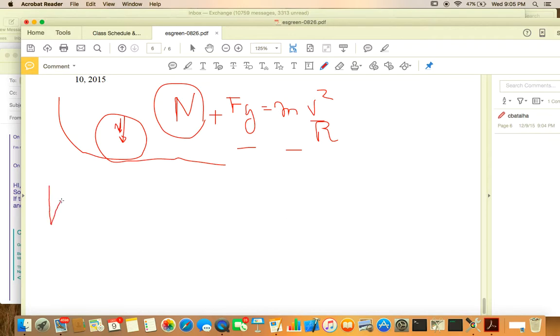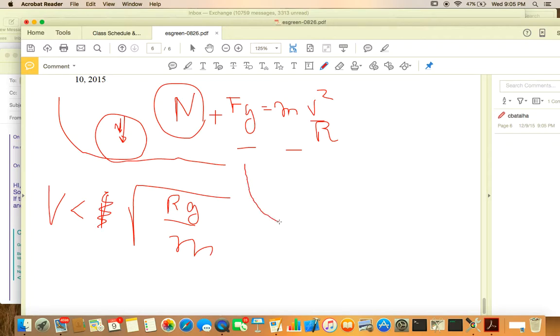So what happens if the velocity is less than that just right velocity? The just right velocity is the square root of rg over m. Do your calculations and you can find it. So if the velocity is less than the square root of rg over m, what's going to happen?